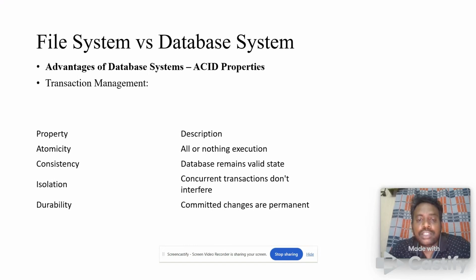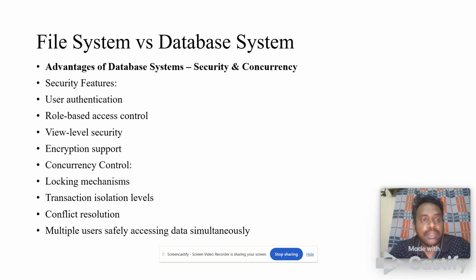In isolation, while multiple accesses are happening, the transactions do not interfere. In durability, the changes that have been made are stored permanently. These are some of the features. Security features provide user authentication and role-based access control. It also provides view-level security.